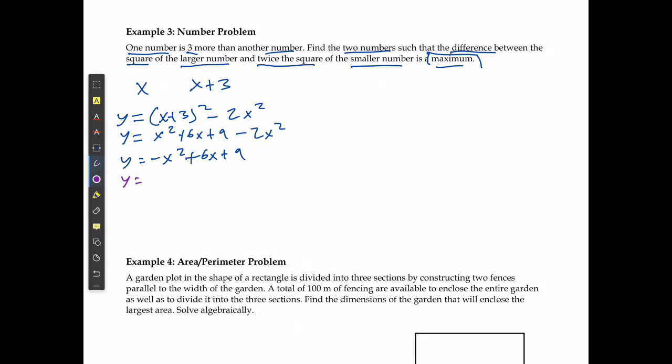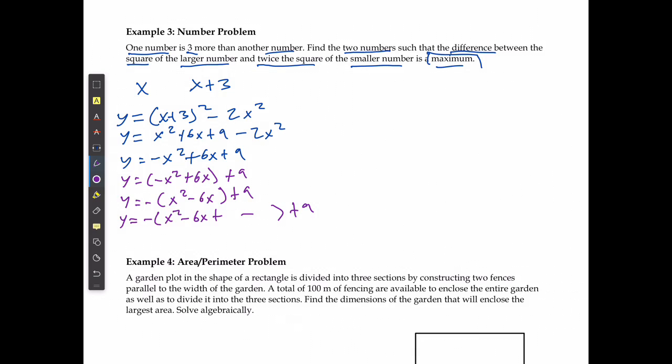Y is equal to bracket negative x squared plus 6x, close the bracket, and then plus 9. When I take the negative out, it's going to become x squared minus 6x, and then plus 9. Y is equal to negative bracket x squared minus 6x plus a number minus a number, and then plus 9.